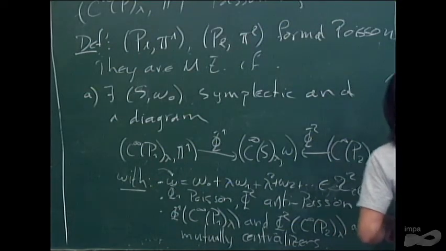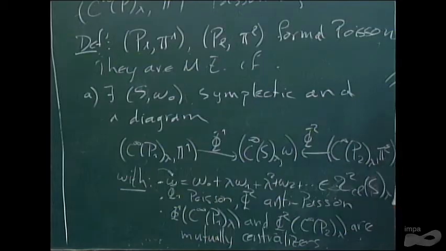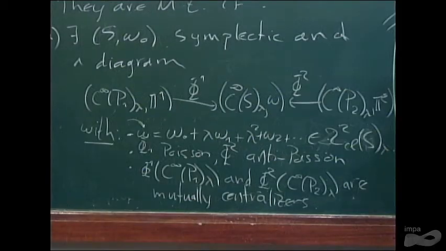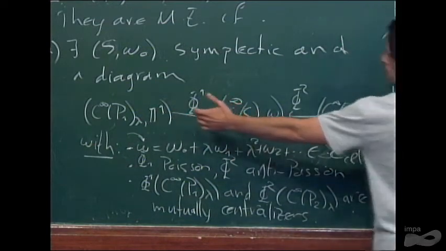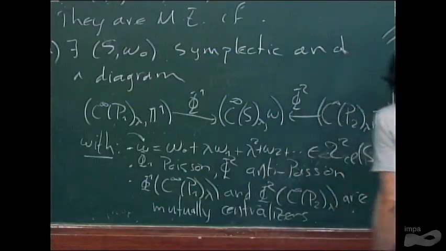The second condition is that in the classical limit, we just mean put lambda to 0 everywhere, you get this: the zeroth order term of this formal Poisson structure is an ordinary Poisson structure.